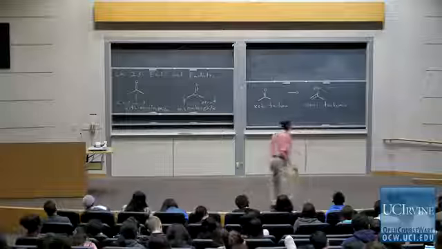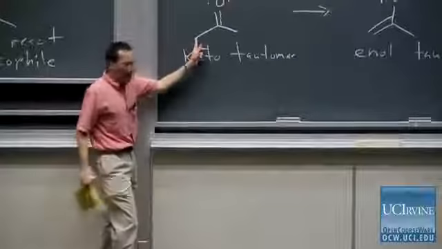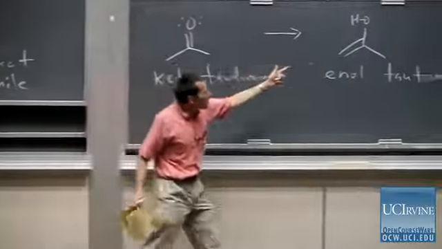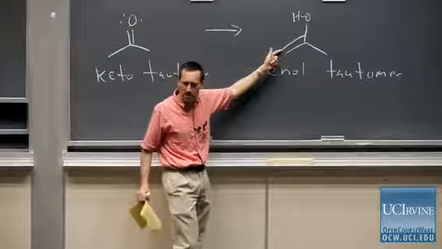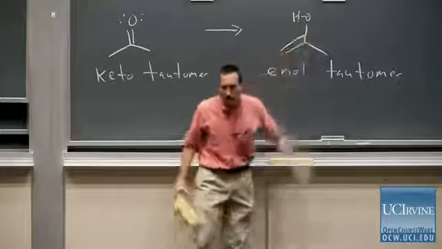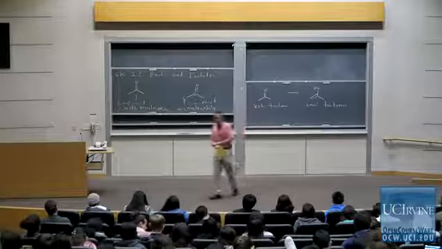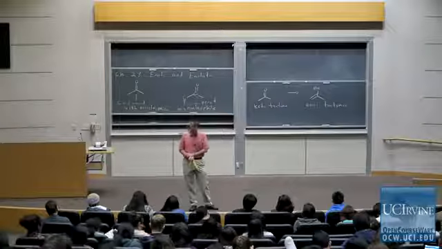And so you notice, of course, if this is acetone here, we have 3 hydrogens attached to this carbon. And then in this particular enol of acetone, we would have 2 hydrogens attached and 1 here. So that's the same molecular formula, and yet a different arrangement of atoms.